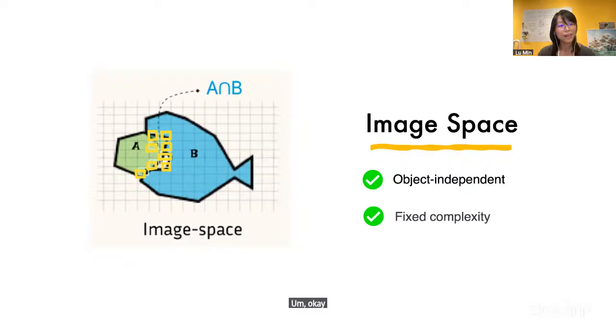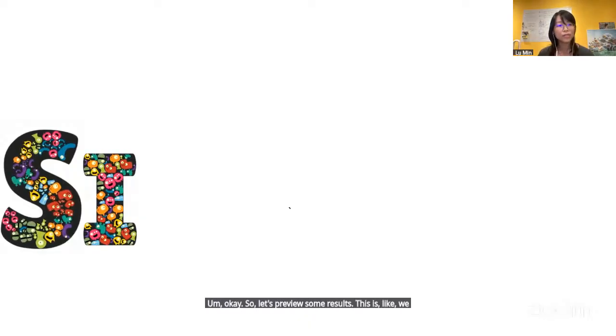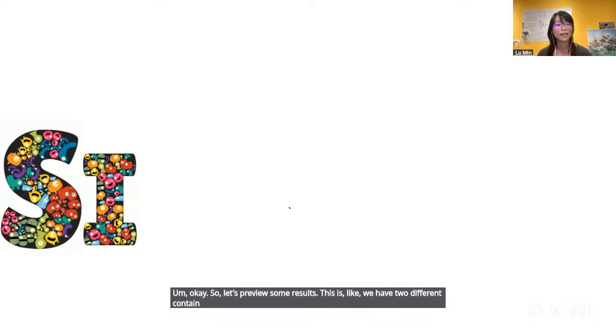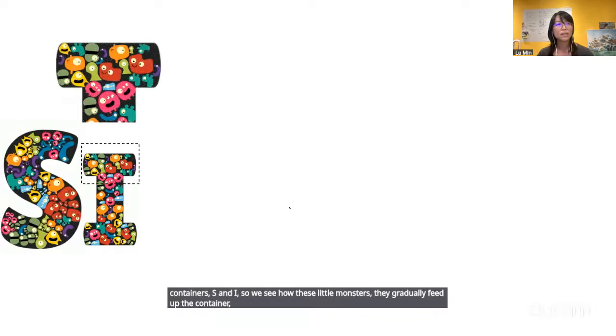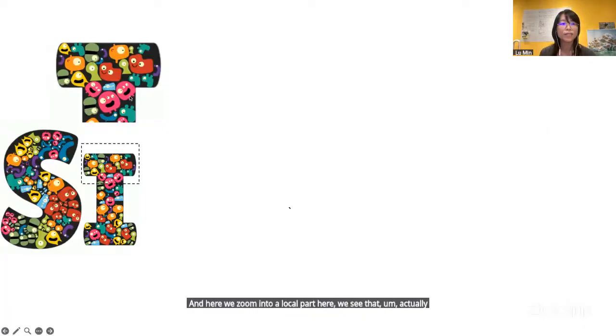Okay, so let's preview some results. Here we have two different containers, S and I, and we see how these little monsters gradually fill up the container. Here we zoom into a local part, and we see that they are packed very nicely.